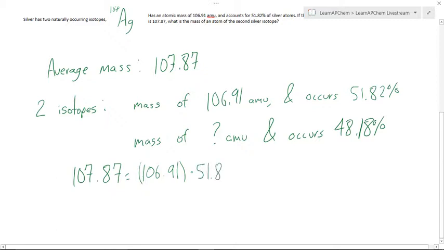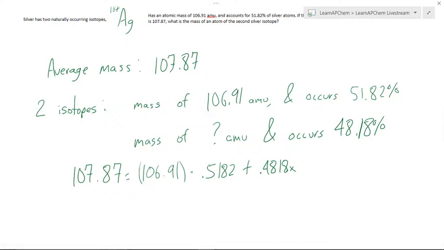Okay, so you've got the answer. You're one step ahead of me. I'm sorry, this is not that. 0.5182, because that's percent, plus 0.4818x. I'll just try to fly through this because I think you've already got an answer.